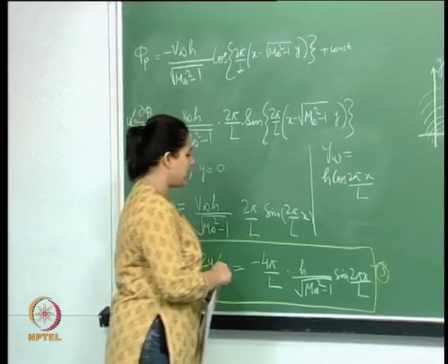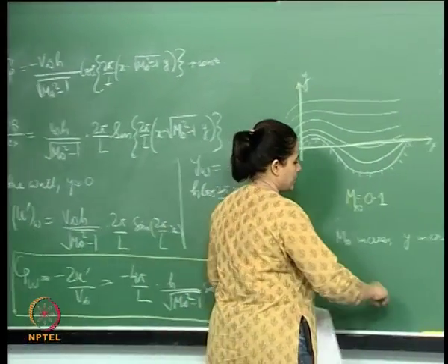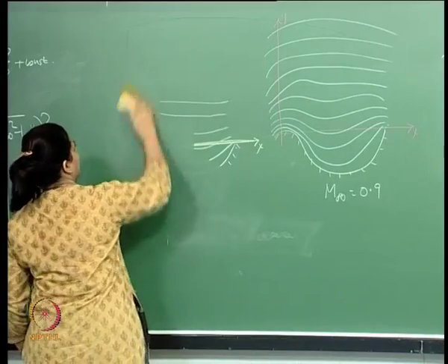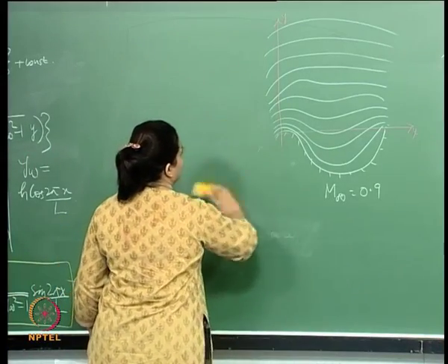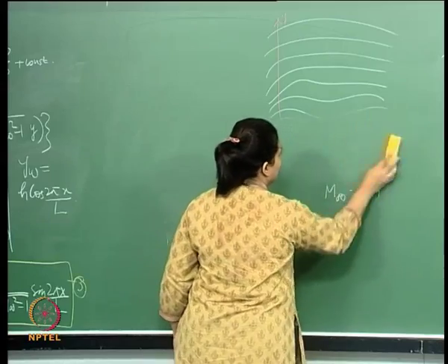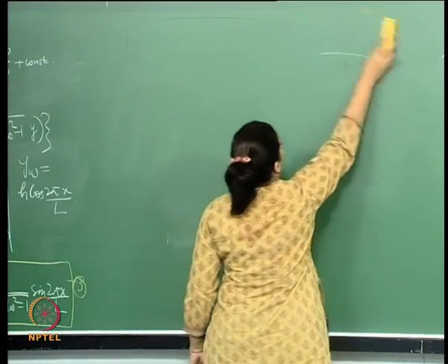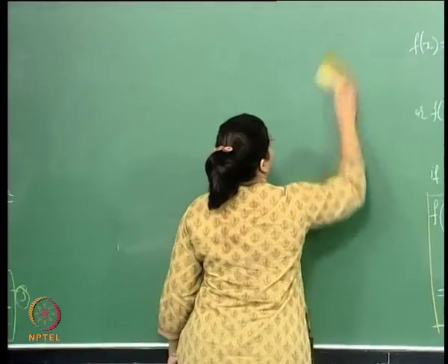Now, as we've done before, and as we just said, taking either f as 0 or g as 0, we basically get left running or right running characteristics.